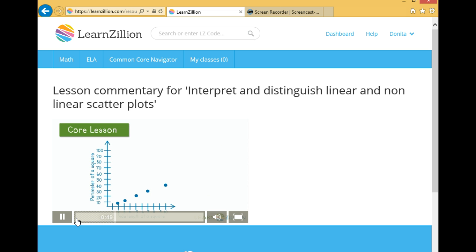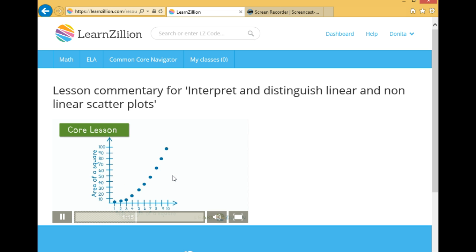Once we get into the core lesson, we're going to start with comparing the side length of a square and the perimeter of a square. This is a linear relationship because we know we basically multiply the length of the side times 4 to get the perimeter. So we multiply by the same number each time, thus giving us a linear relationship.